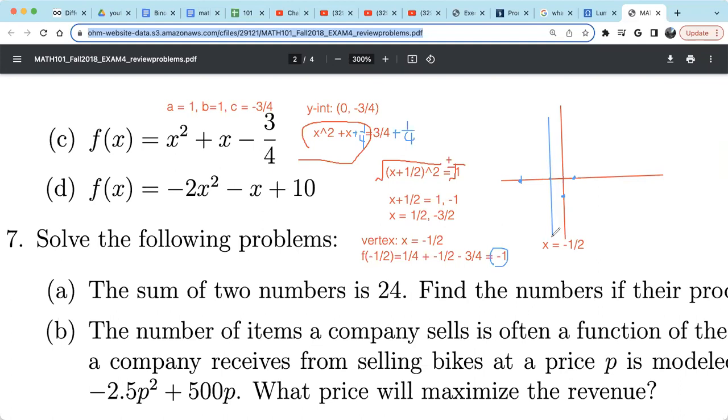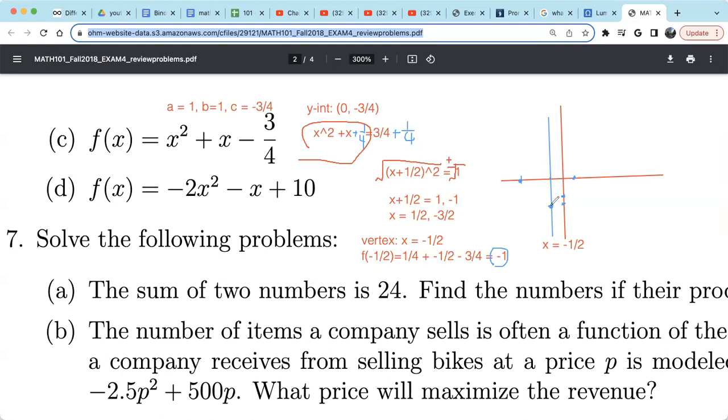The function value is -1. So x equals -1/2 and y equals -1, because I remember this is a half, right? That's 3/4, so one more, there'll be 1 somewhere a little more, so -1. Oh, I'm sorry, I marked the wrong place. I should mark here on the line of symmetry.